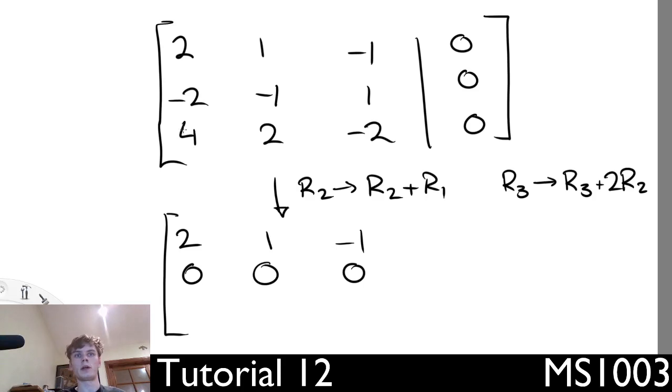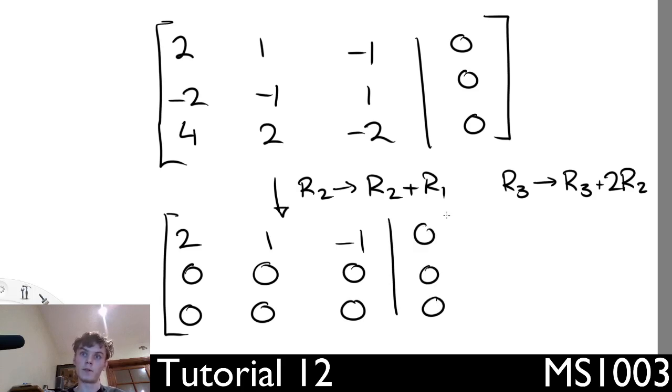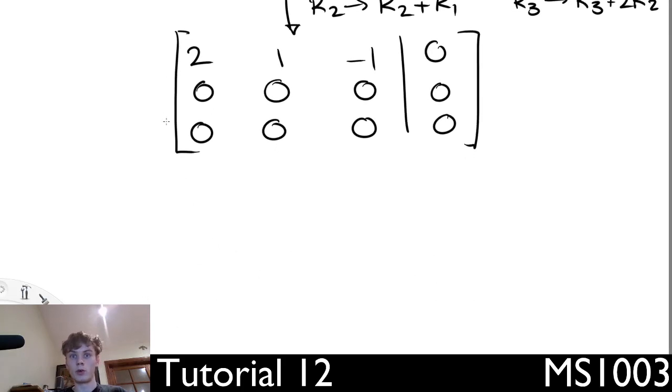And now row 3 is going to be 4 plus minus 4 is 0, 2 plus minus 2 is 0, minus 2 plus 2 is 0 again. So immediately we're done row reducing. We've got 2 rows of zeros.